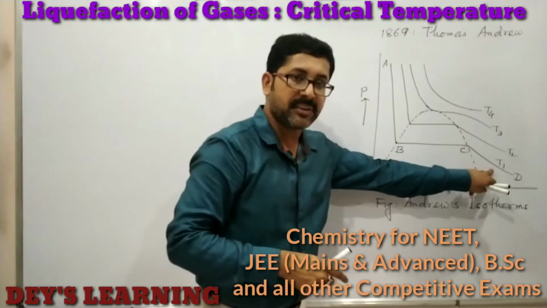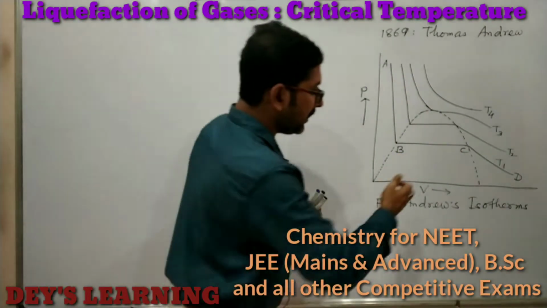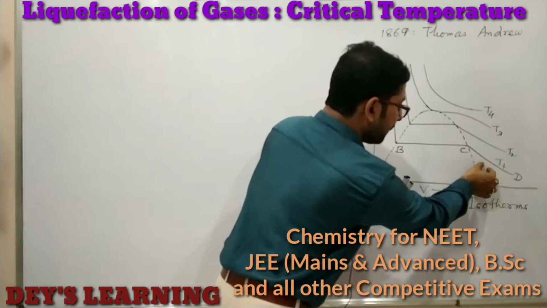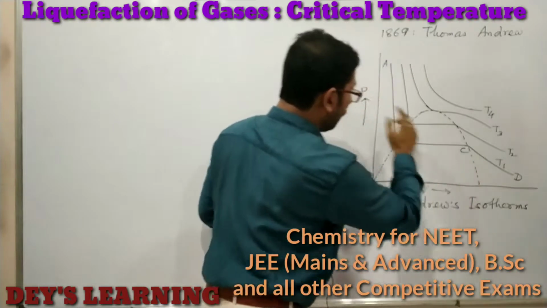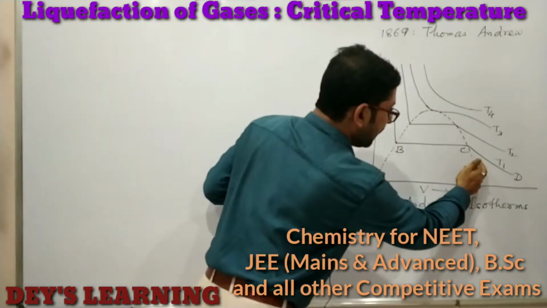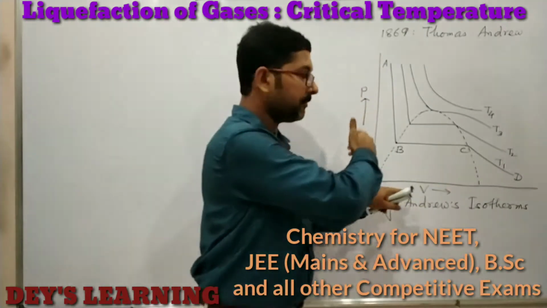Now at the temperature T1, there are actually three phases of the substance. Here in the CD portion, this is actually the vapor phase, because of the temperature and volume relation. As the volume decreases, the pressure increases.